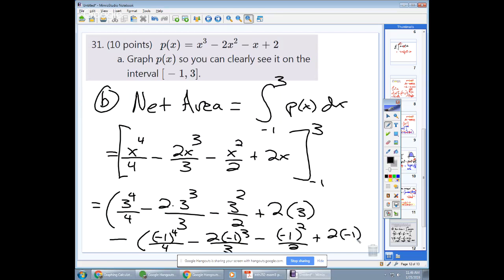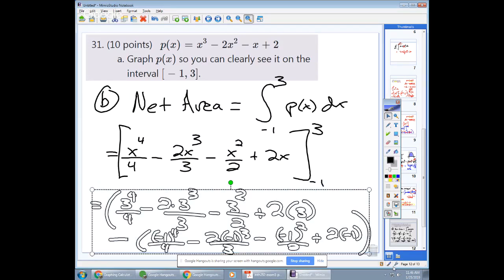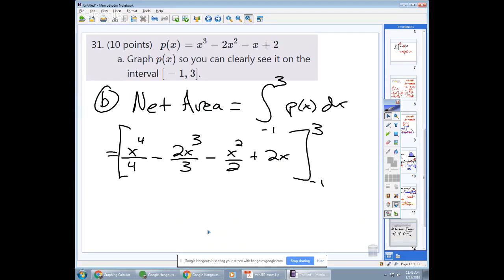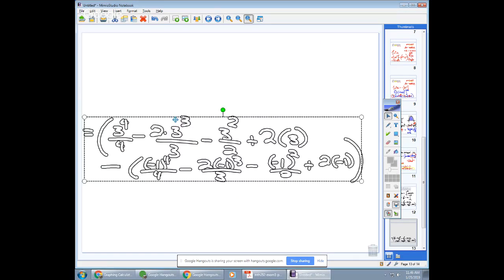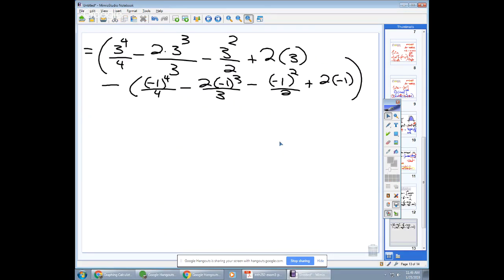At this point, I would plug it into my calculator and focus on the decimal, otherwise we'll clean it up with fractions. I think this is going to be decimal-like. So maybe I'll just do a little fraction work here quick.